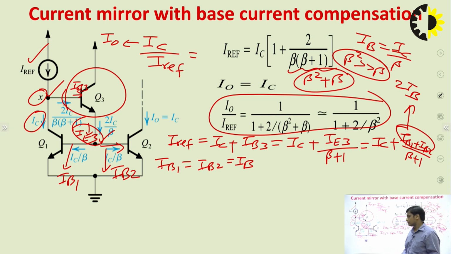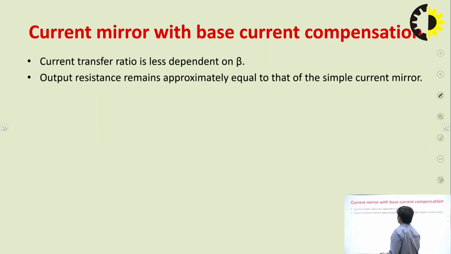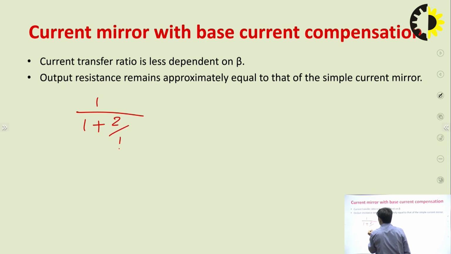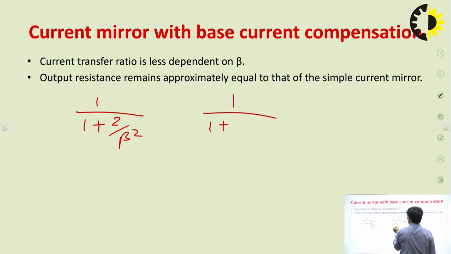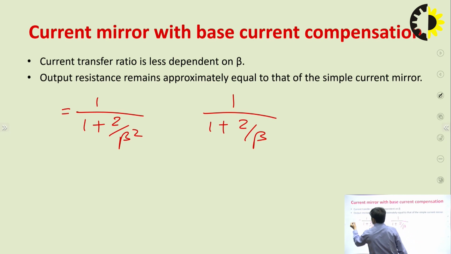Now just compare the result of this current mirror with the basic current mirror. For the base current compensation current mirror, we are getting 1 upon 1 plus 2 by beta square, and for the basic current mirror we had got 1 upon 1 plus 2 by beta, and this is basically I0 upon I reference.